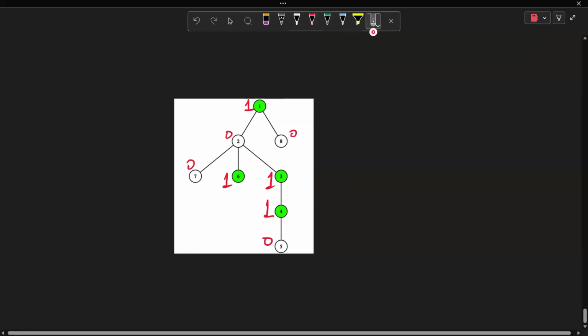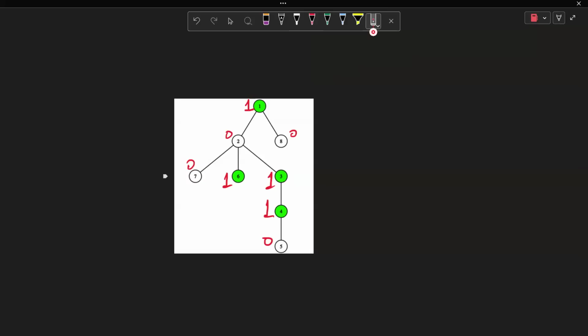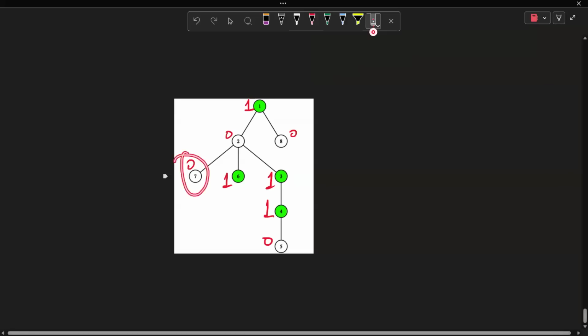Now what we are told is that for every leaf node, you need to compute the score of this tree, and the score is computed like this. Every leaf would have some value. The value of the leaf node is formed like this. If you need to form the value for this leaf node, start from the root, go to the leaf, and write whatever values you obtained.